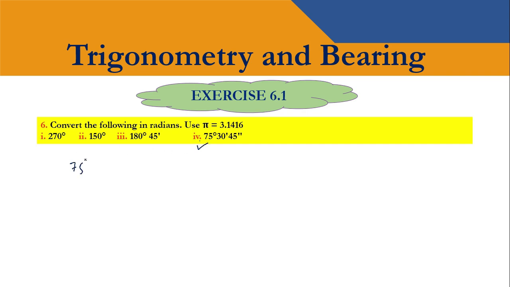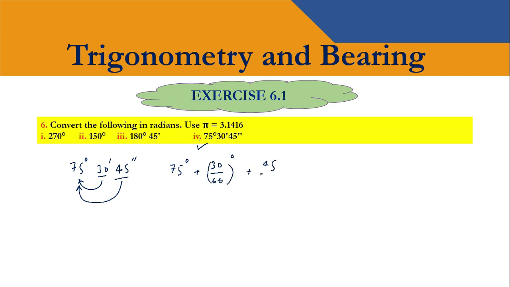So 75 degrees, 30 minutes and 45 seconds. Convert minutes into degrees, convert seconds into degrees first. So 75 degrees plus 30 divided by 60, it will convert into degrees.